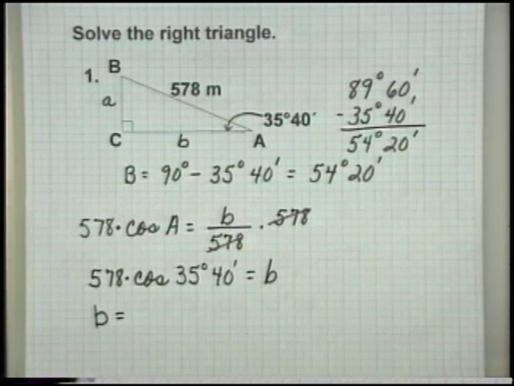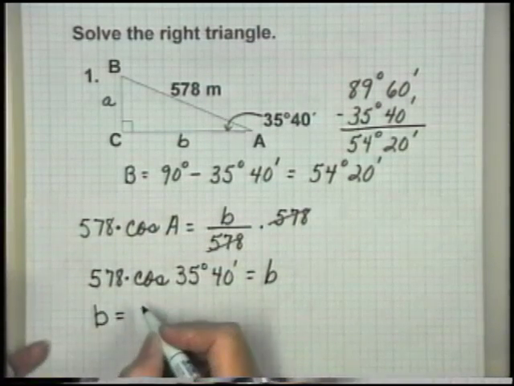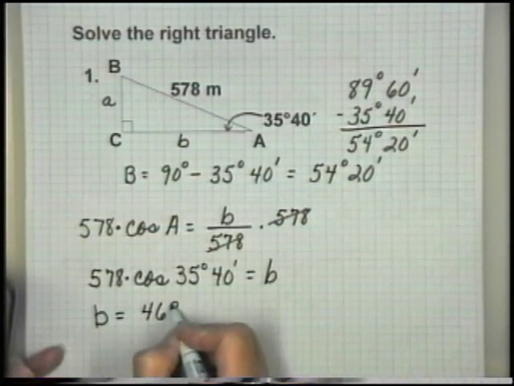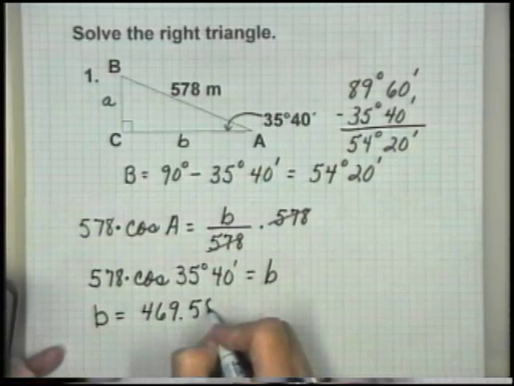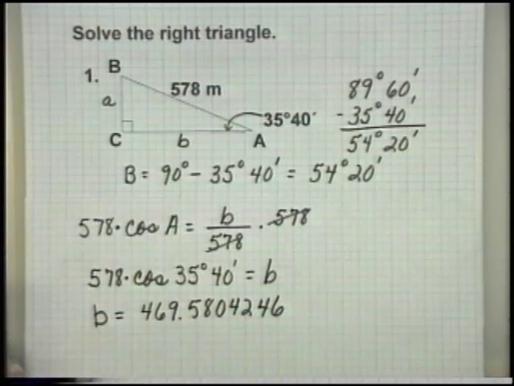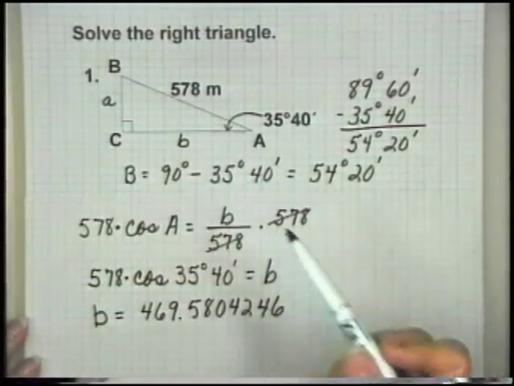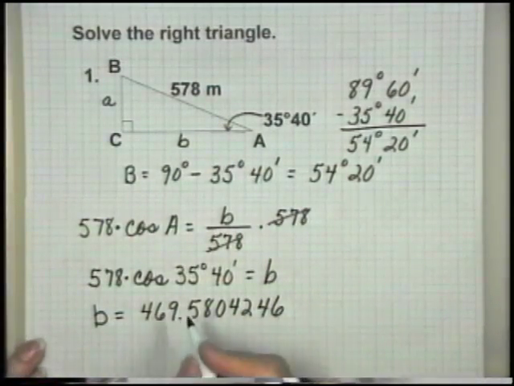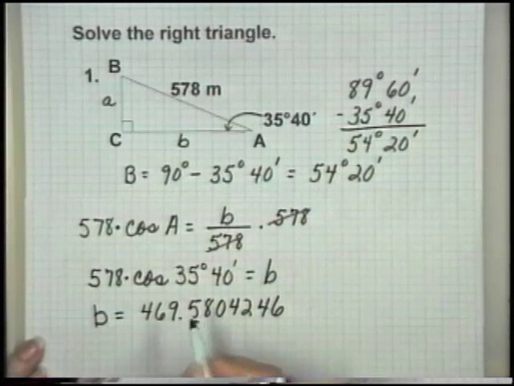So let's calculate. And we get that side B, and here's what I get. And of course I want it rounded the same way that I rounded side A and the hypotenuse.